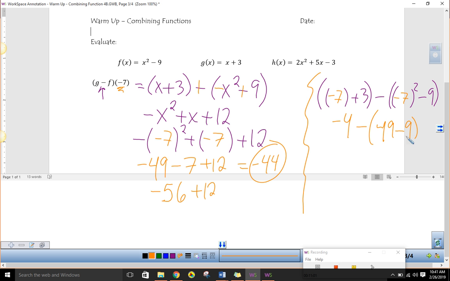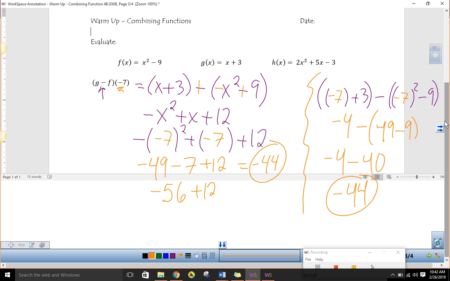What does this become? 49 minus 9? That's 40, right? So what does this become? It is absolutely whichever way seems easier to you. You have to be extra careful of parentheses up here, that's all. So if you and parentheses already have a good relationship, you're good.